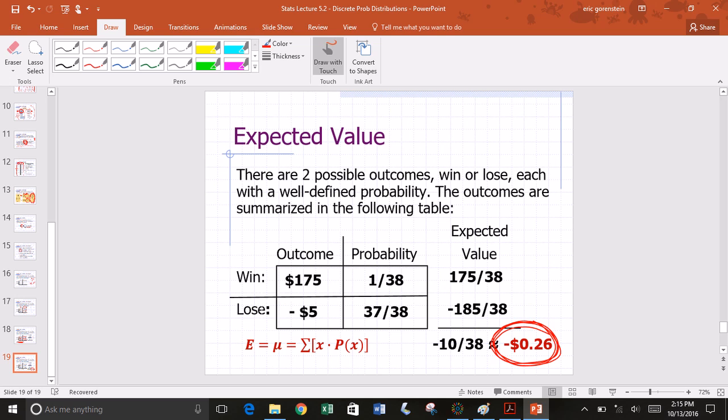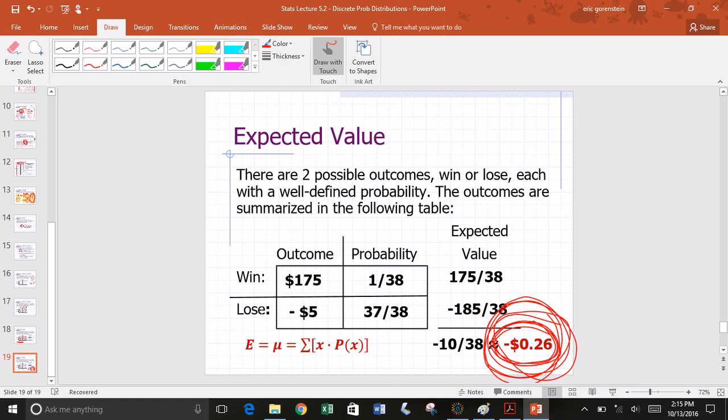So, not looking at any one particular day or one particular bet, but over the course of a year or over the course of many months, this is what the casino is looking for. This average expected value. So over time, the bets are going to average out to this value. Every $5 bet, the casino is expecting to make about 26 cents.